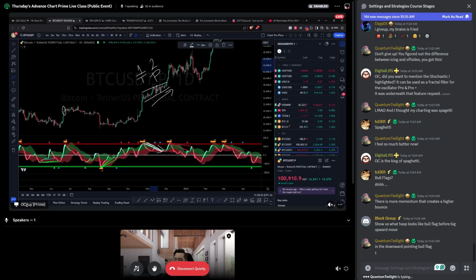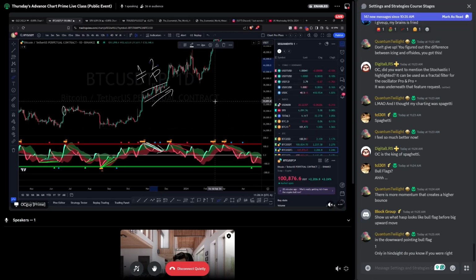Remember I told you: simple enough, simple enough, simple enough, right? At this point, you see it going up, the momentum dropping, price keeps going up. You know a divergence is forming, even if the divergence is not there yet.